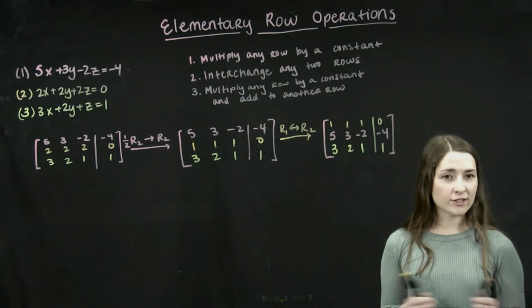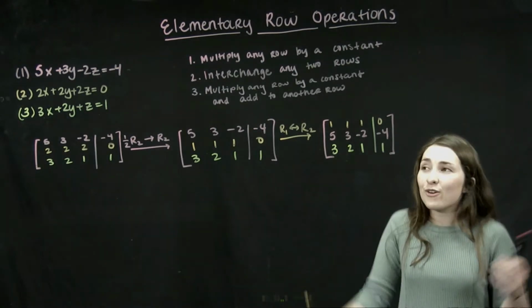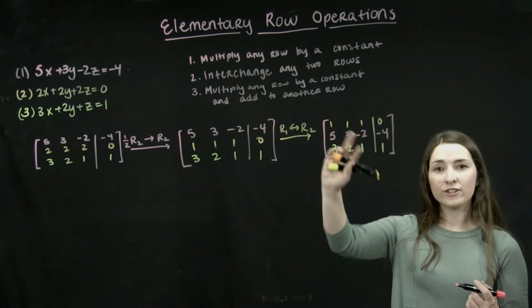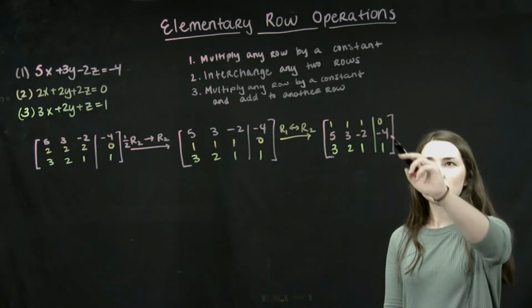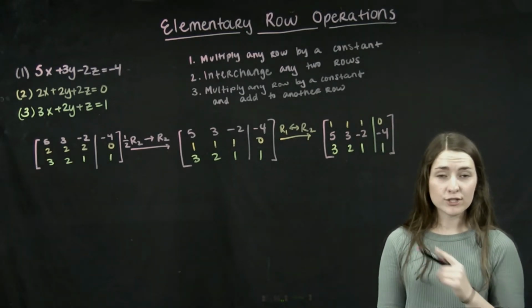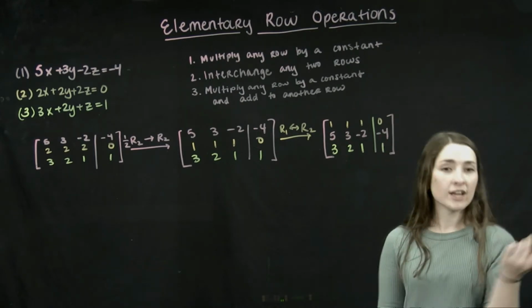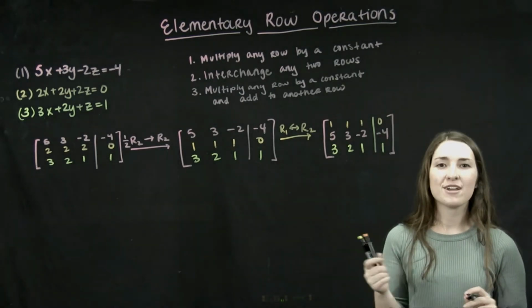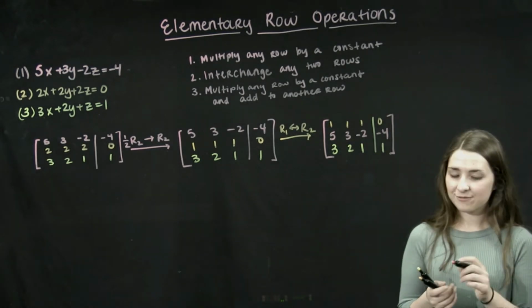Would that have any effect on our solution? No, so that's totally legal, so that's why we are able to go ahead and interchange any 2 rows, because that's just what we did here. We just wrote the second equation as our first row and our first equation as our second row. So we haven't changed anything about the integrity of our linear system using our elementary row operations.